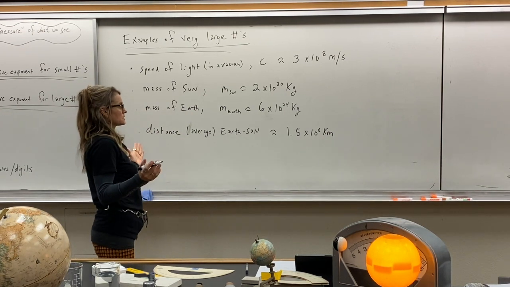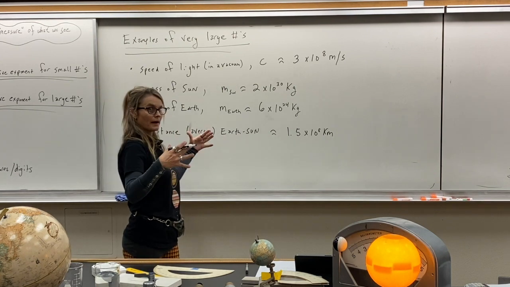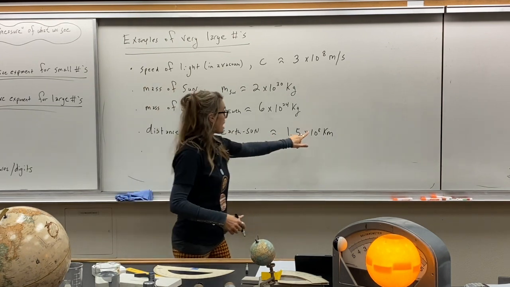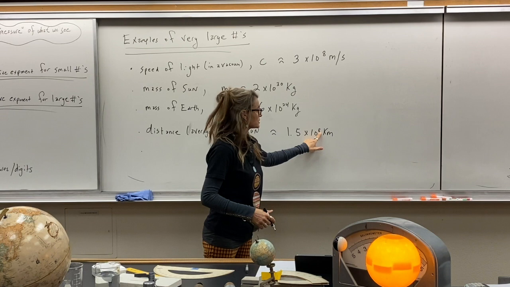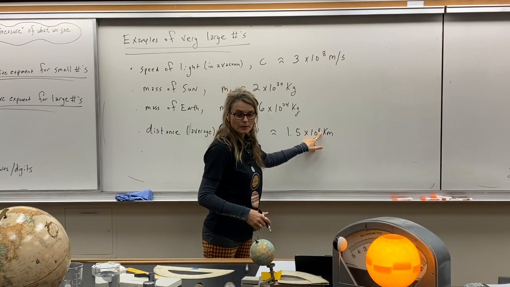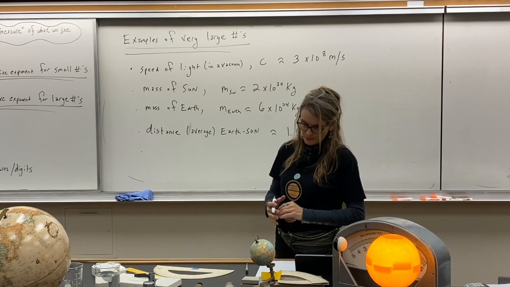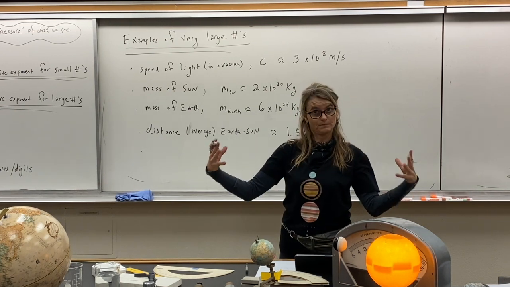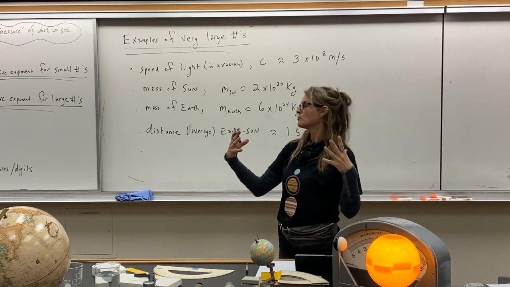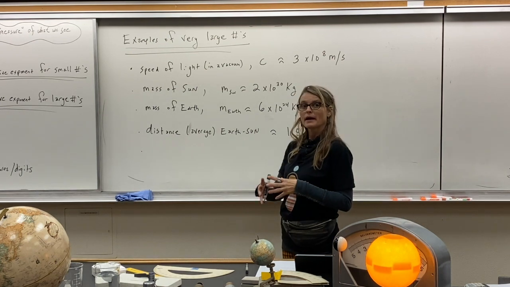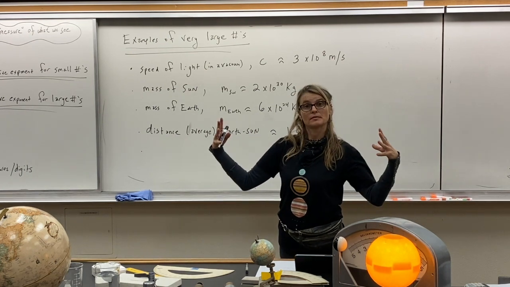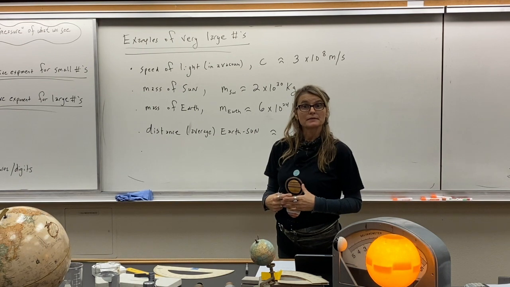Now that's just the Earth-Sun distance. When we go further than that, the powers get much larger, right? We're going to have higher exponents here. If we were talking about the nearest star, about 4 light years, that's a lot more kilometers away. And then we start getting into even larger units of light years.